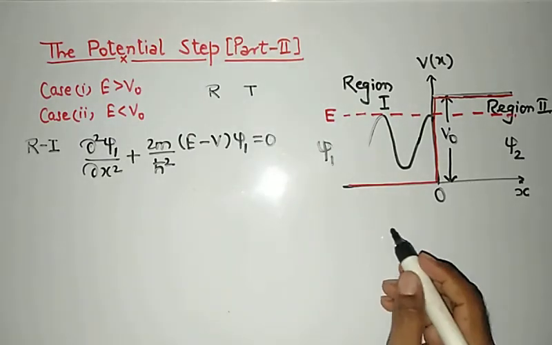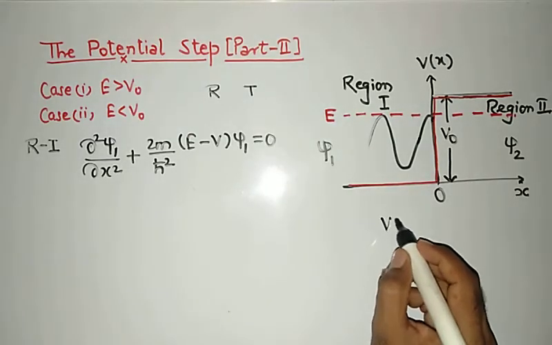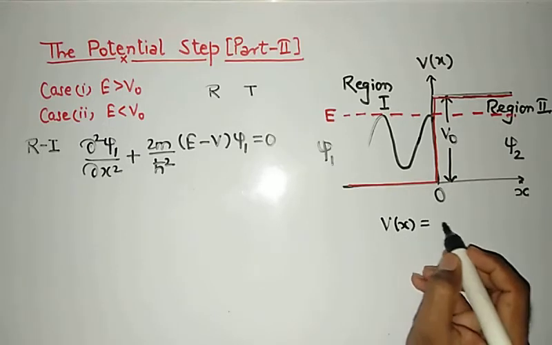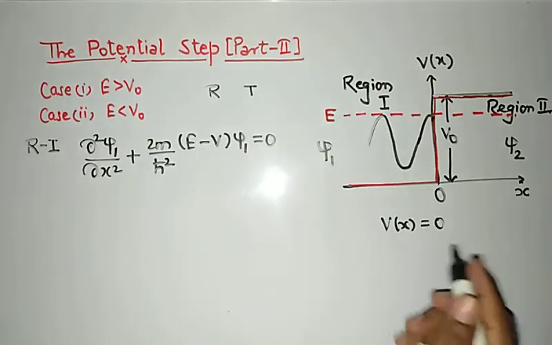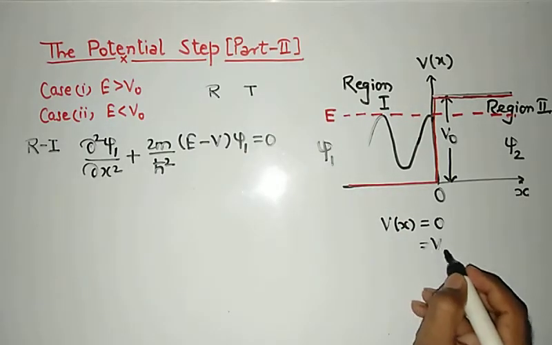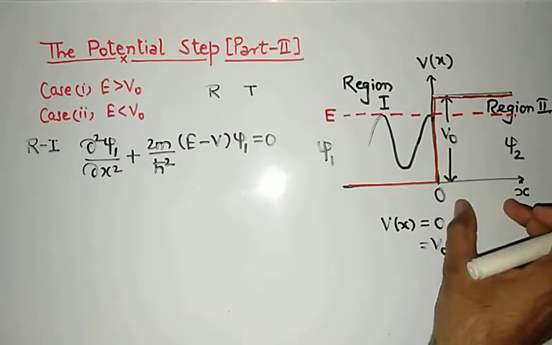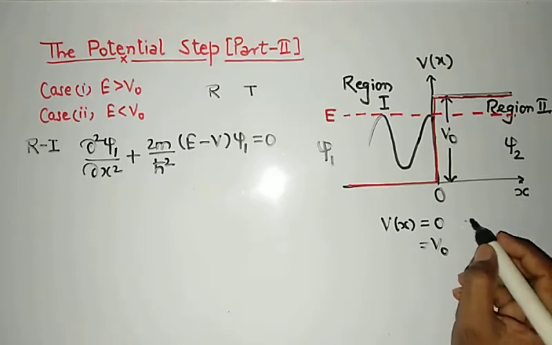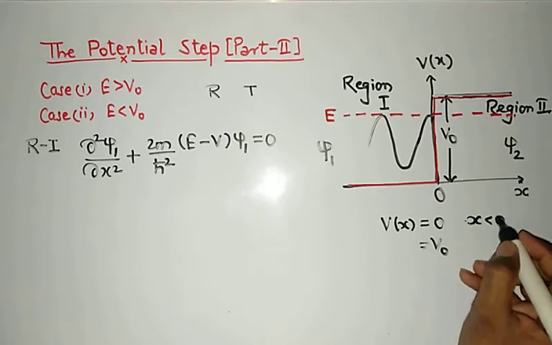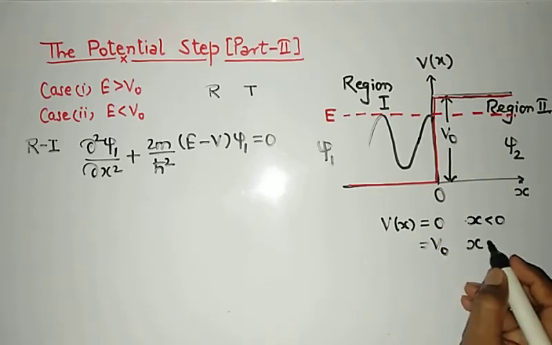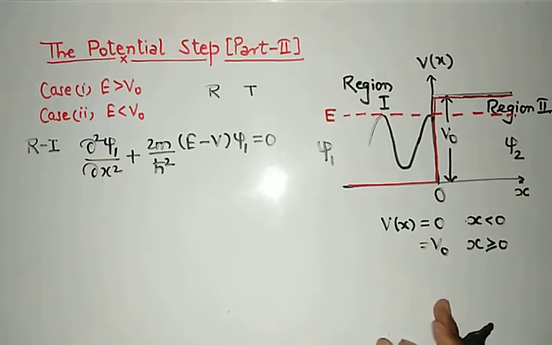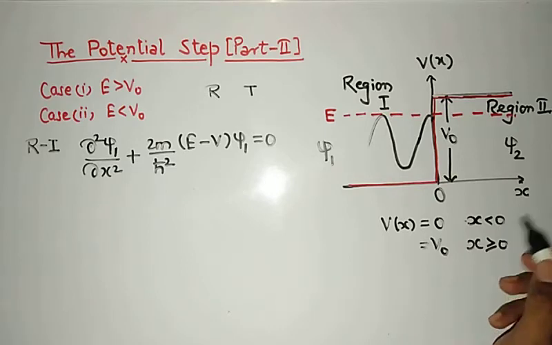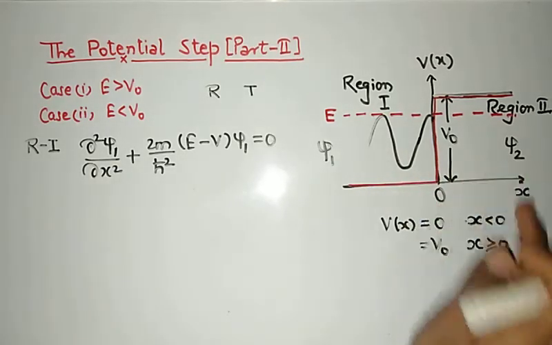In case of potential step, it is clear that the value of Vx is 0 here, no height of potential, and in this region it is V naught. So for x less than 0 it is 0, but for x equal to or greater than 0, it is V naught. So we will solve for both region first and region second.